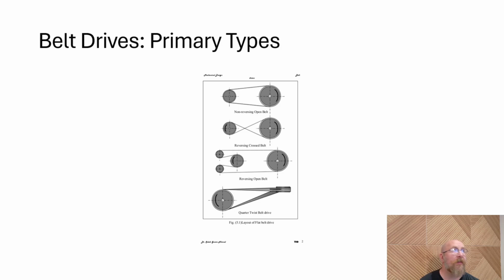With the reversing one, because we crisscross it, we can actually reverse the direction. So the input direction would be the opposite direction of the output. And then you can have a reverse open belt so that it's not crossed over. So you use a couple of idlers. Those little rollers that are off to the side there are that. And then you can do things that will cause an angular change as well with a belt, depending on the belt geometry itself.